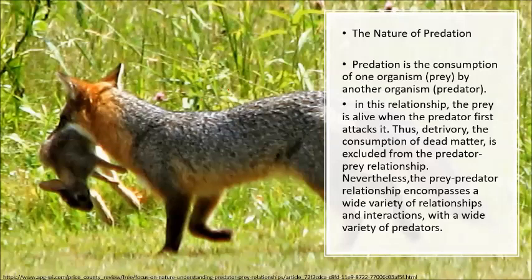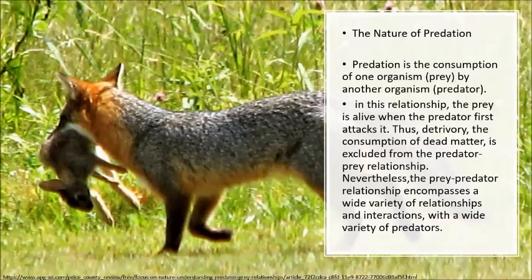Many predatory animals, both vertebrate and invertebrate, have sharp claws or jaws to grip, to kill, to cut their prey. With this, the consumption of dead matter is excluded from the predator-prey relationship. Nevertheless, the prey-predator relationship encompasses a variety of relationships and interactions with a wide variety of predators.